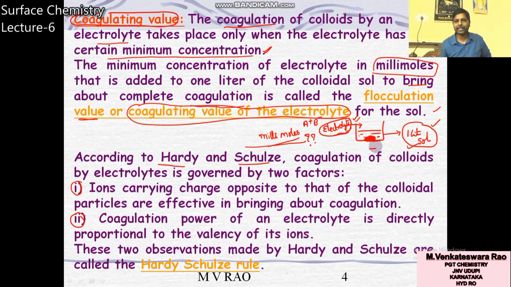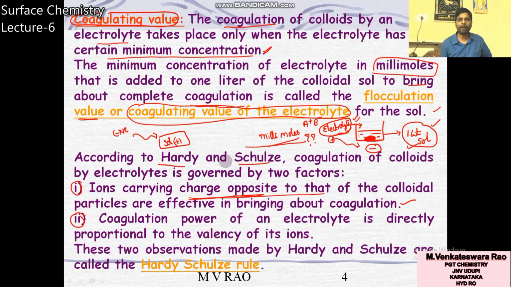If the colloid is negatively charged, the positive ion is needed. If the sol is a positively charged sol, then for coagulation negatively charged ions are needed.